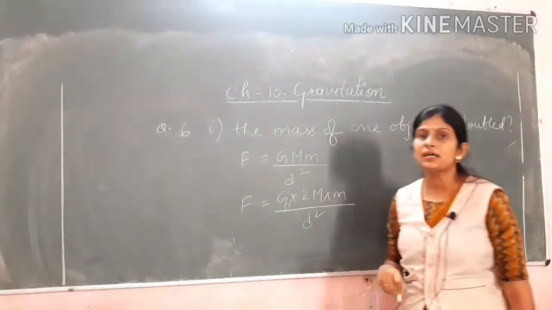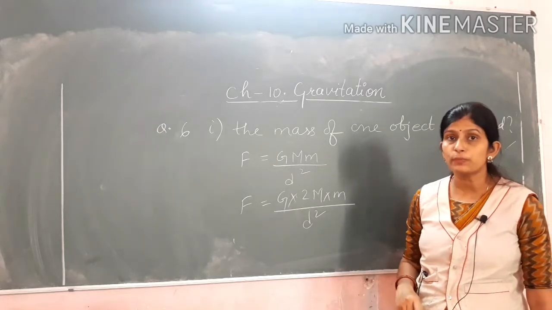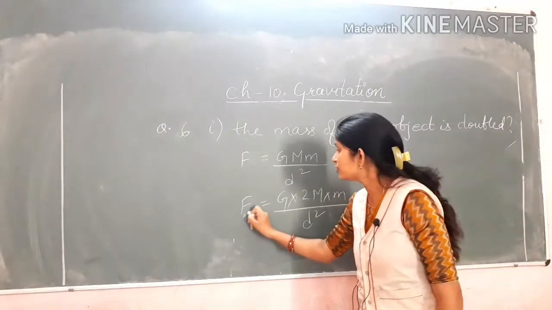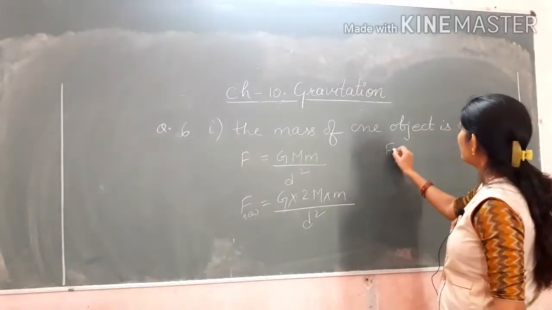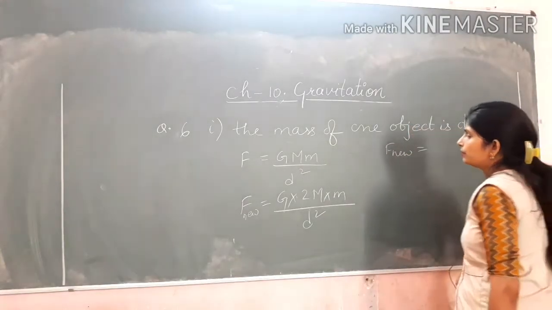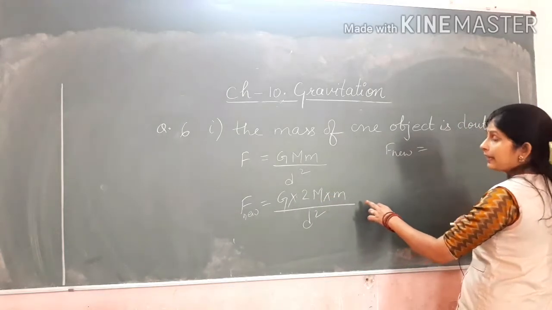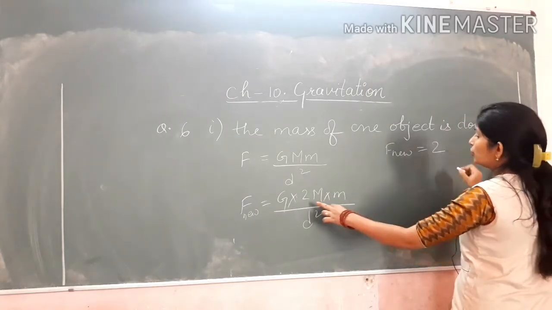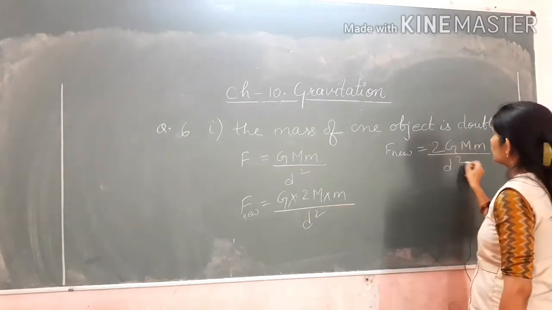If mass is doubled, then gravitational force will also be changed. So the new gravitational force will be F new. F new is equal to G into 2M into m. It can be written as 2 G M into m upon d square.